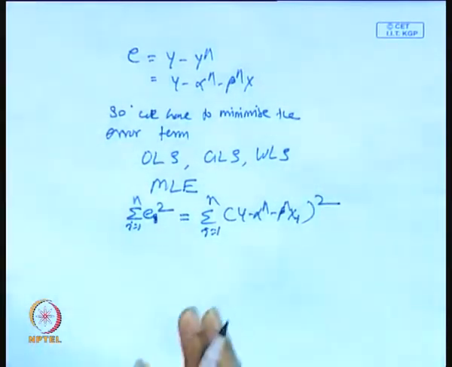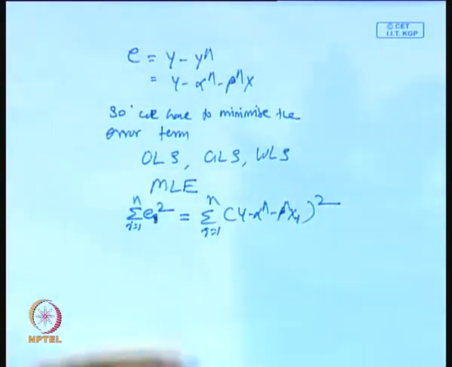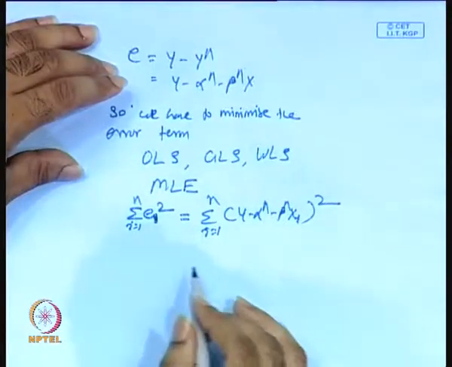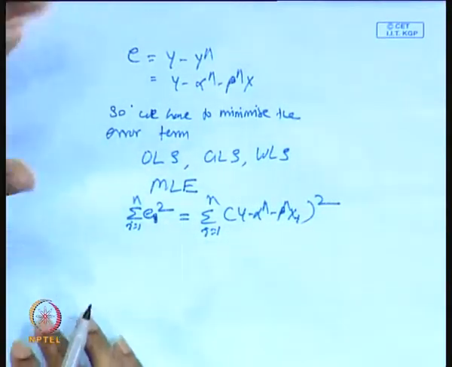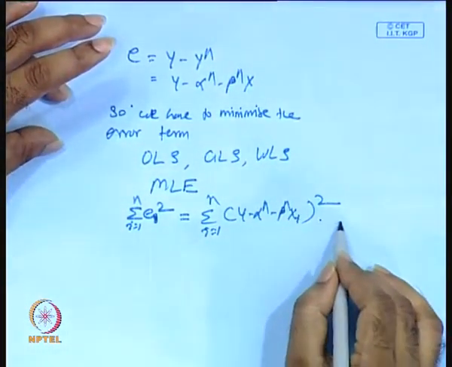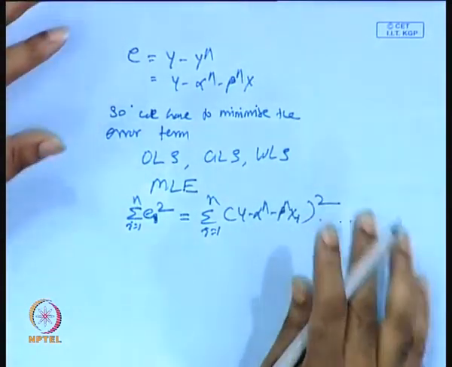So, the error is nothing but the difference between the actual y and the expected y. The difference gives you the error. If you square it and apply the sum, then obviously you will get the error sum of squares. Through this we have to minimize the component. This is the starting procedure of this particular system.